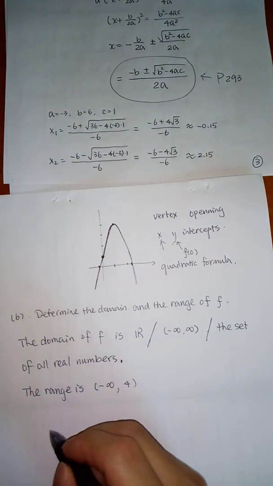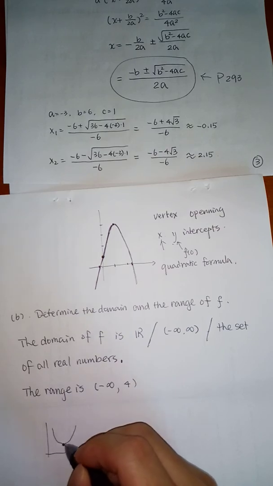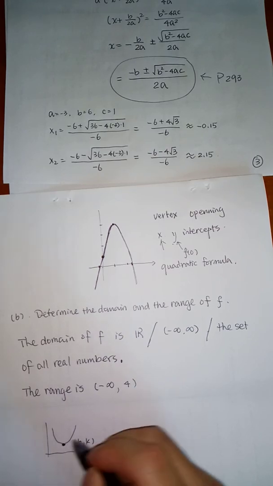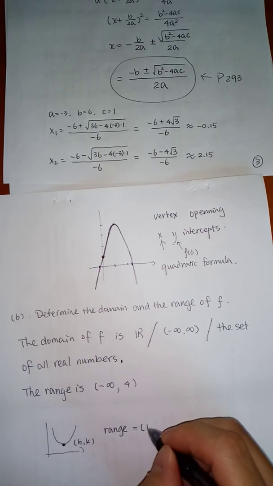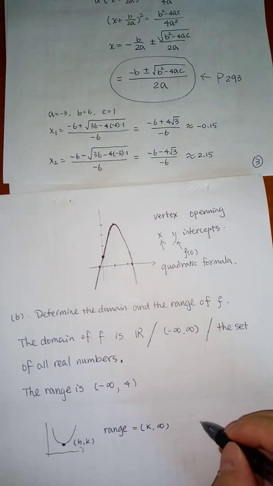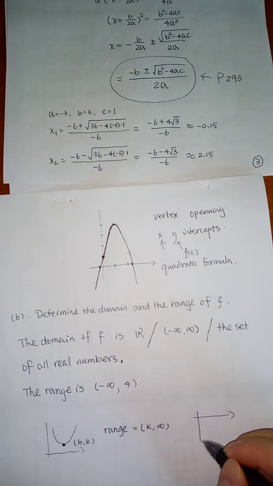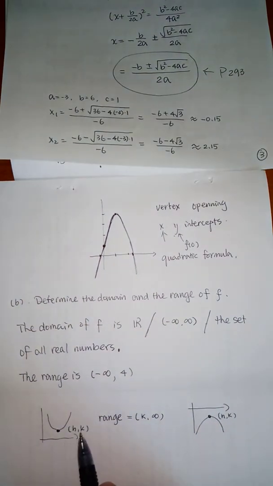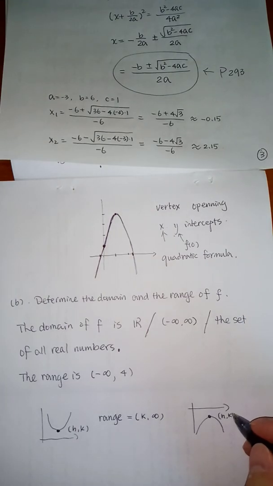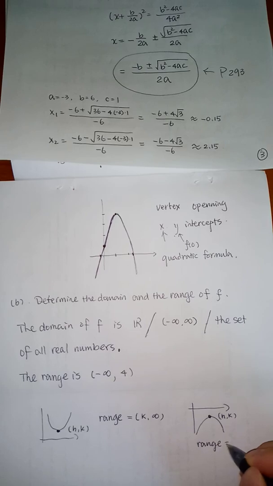Okay, now let's see if it opens up. Range is from k to infinity. If it opens down, with (h, k), remember that we always use (h, k) to denote the vertex, k is f of h, then the range is from negative infinity to k.